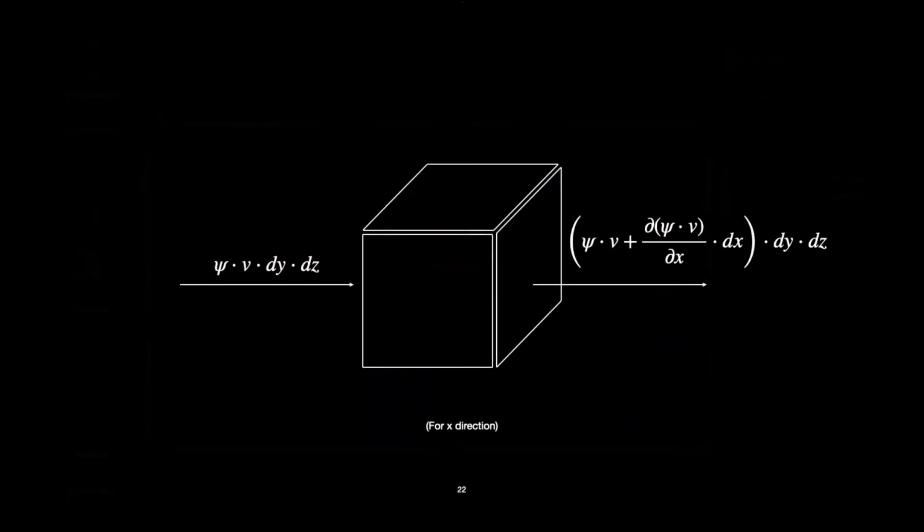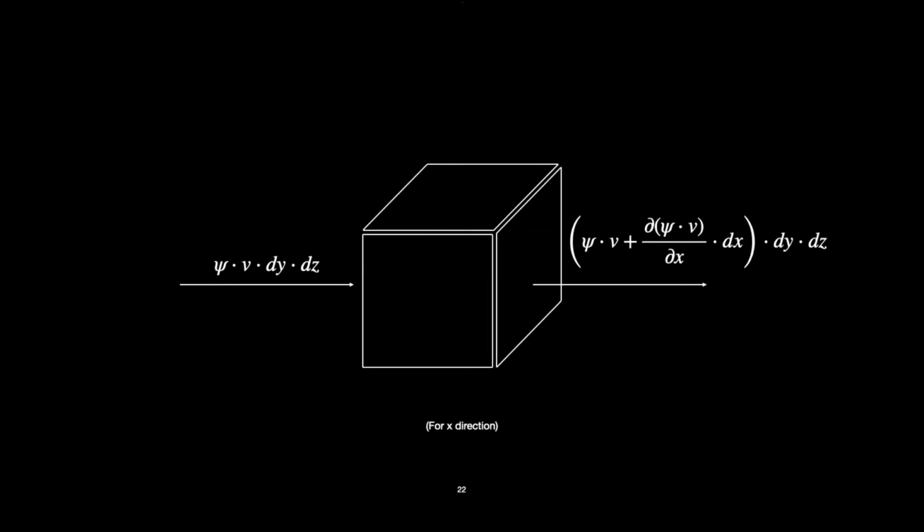And then we're going to look at the mass that's coming out. Now here we just took dy dz on the outside, and we're going to add, like what we did with Euler's equation, the same thing here. We're going to see the change in density times velocity, because that's what's going to change, right?